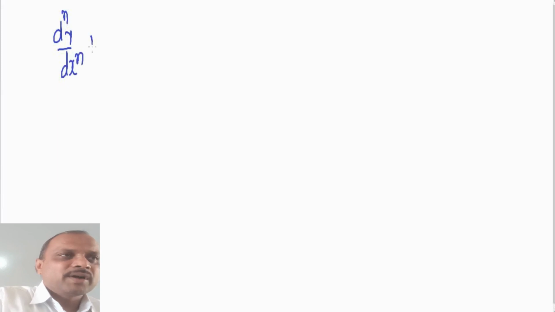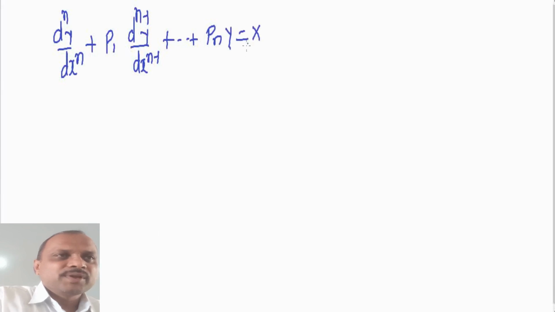The nth order differential equation with constant coefficients is like this: d^n y by dx^n plus p1 d^(n-1) y by dx^(n-1) plus ... plus pn y equal to X. And if m1, m2, ..., mn are the roots of the auxiliary equation, then using these roots we write the above equation.